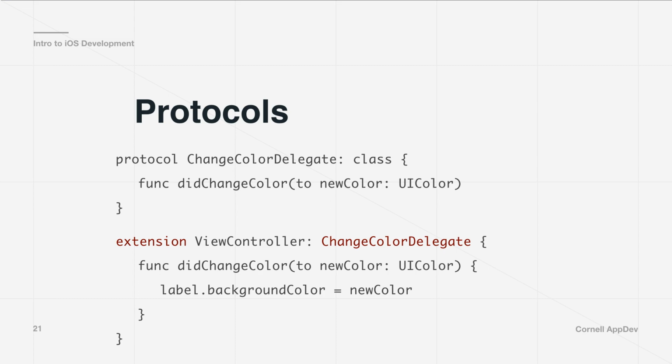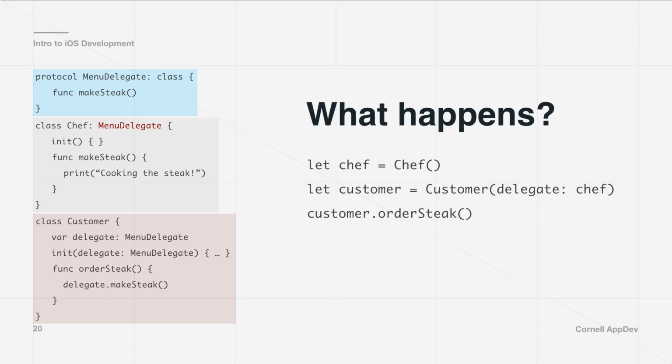So oftentimes, you're going to have a UI view controller that conforms to a bunch of different protocols. So what we did before, I'll go back to it. Yeah, chef, we explicitly said chef conforms to menu delegate, but if you have a bunch of protocols, it's going to look really messy, just having comma after comma.